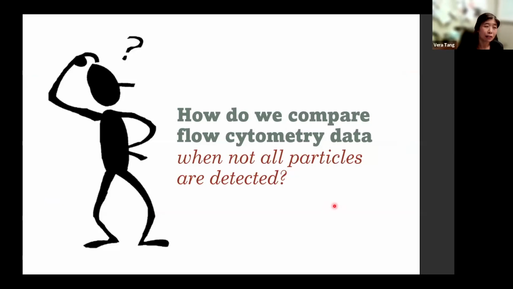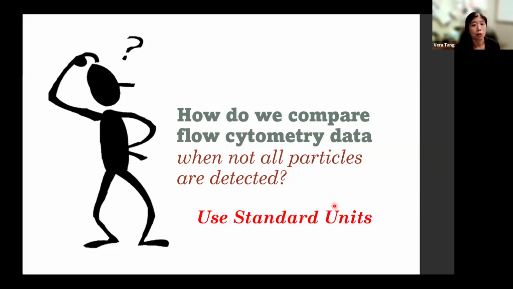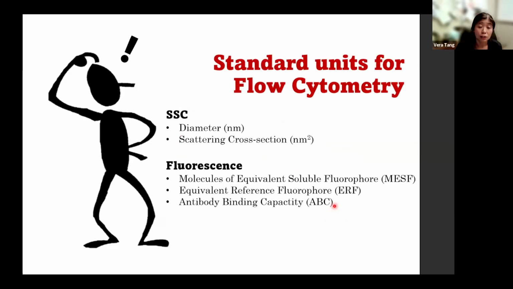How do we then compare data from my lab to your lab, or even my lab over time if the instrument changes, right? So when not all particles are detected, and this population of particles that are not detected can change over time and definitely between instruments, the first thing we do is find some standard units. So find some ground truths, some standard units that can be used across all different instruments.